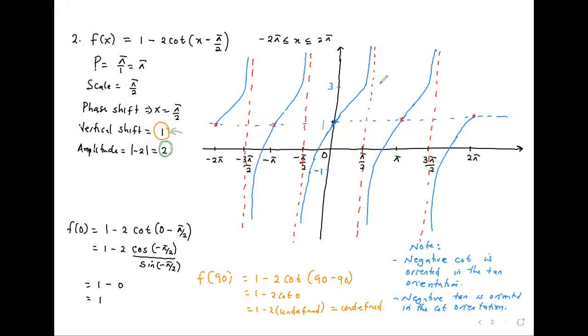Okay, all right. So you don't show it as 2, but by adding 1 and subtracting 2, that's how you show the amplitude. So we have done one on tan, one on cot.